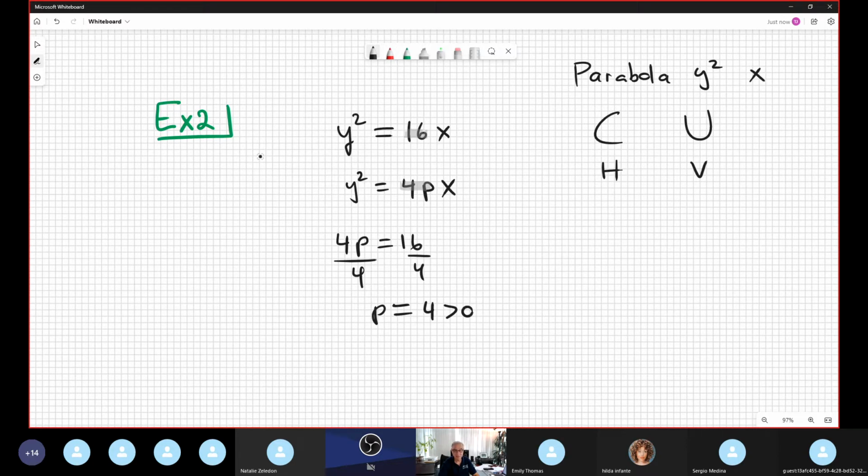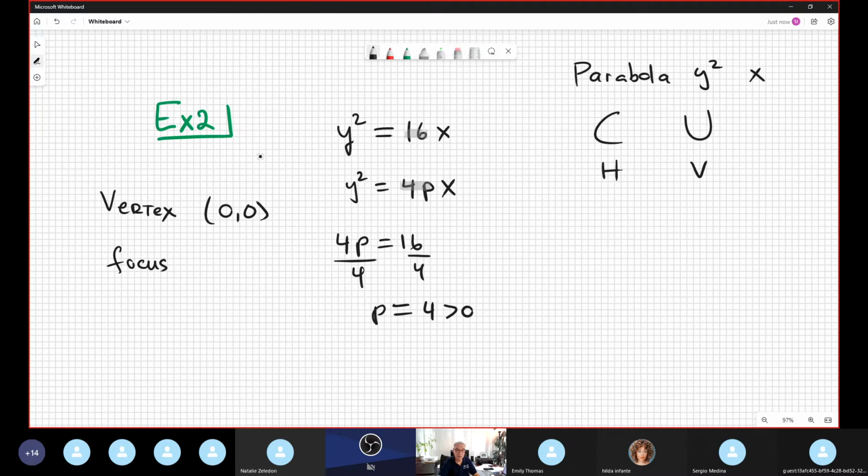Nice. I like that. Okay, so now the vertex, one more time, is at 0,0 because I don't see H, and K is missing. Okay, so I need to find the focus.